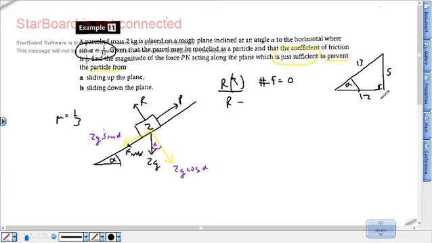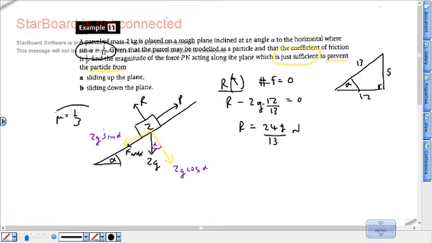So resolving in the perpendicular sense: R minus 2g cos alpha. Your cos alpha is 12 over 13, and there's nothing else in this sense, so it equals 0. So R is equal to 24g over 13 newtons.